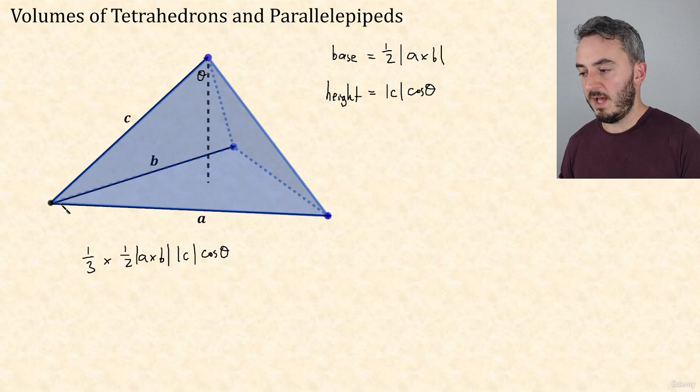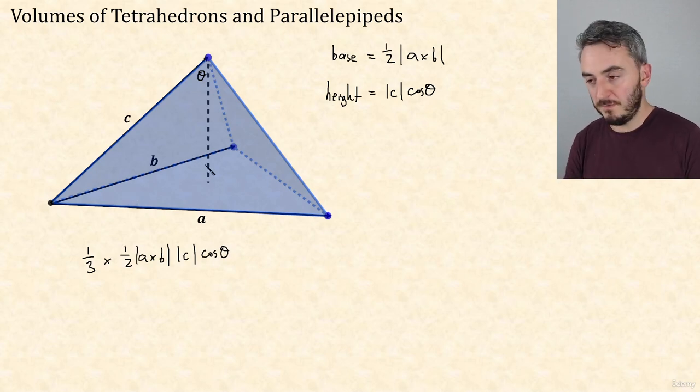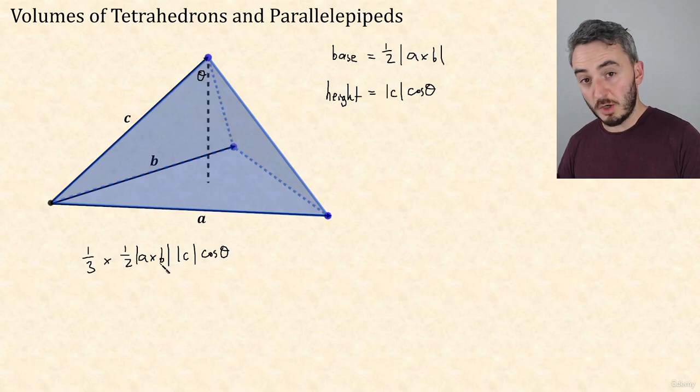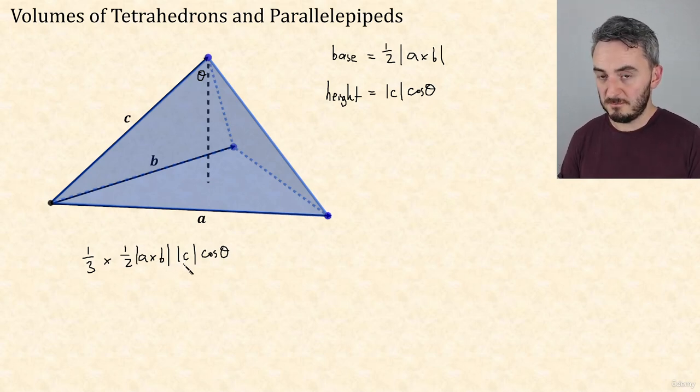Because recall that a cross b gives us a vector which is perpendicular to a and b, and this height here by definition is perpendicular to both a and b, which lie across the floor, as it were. So what I've got is the dot product of a cross b and c.